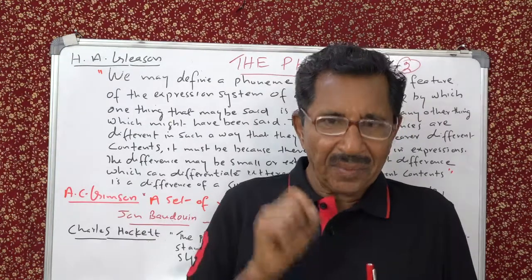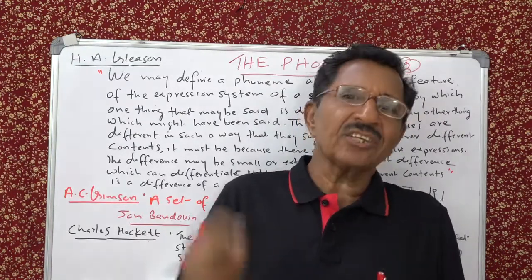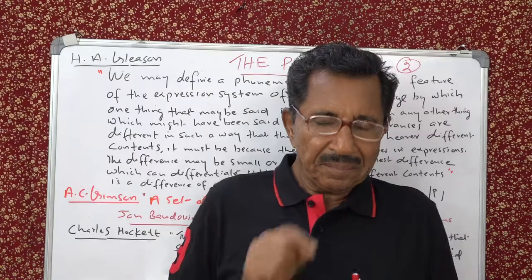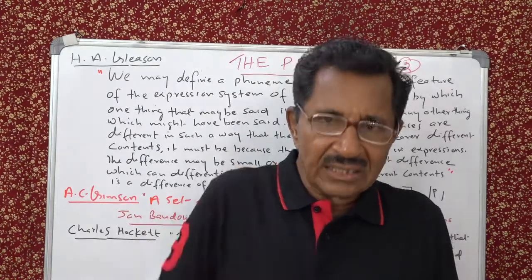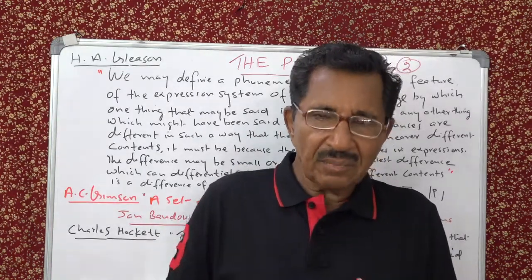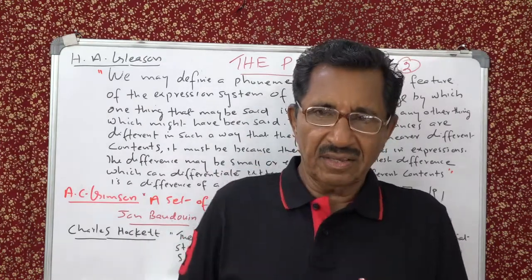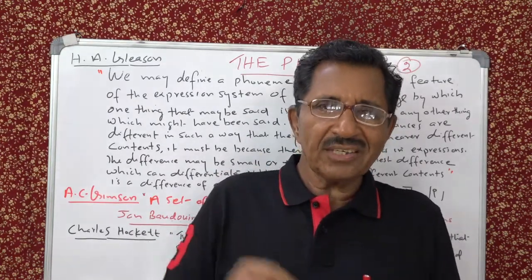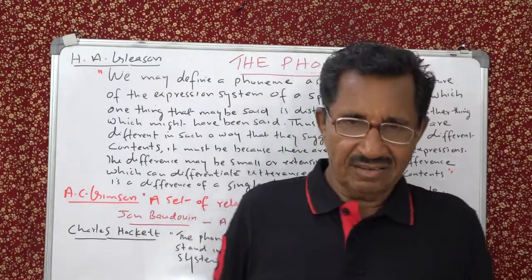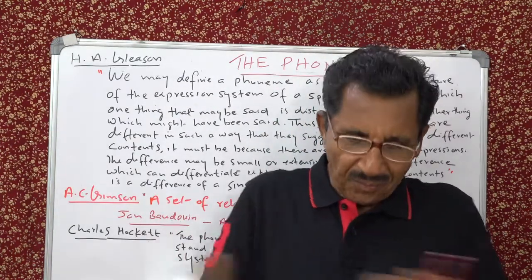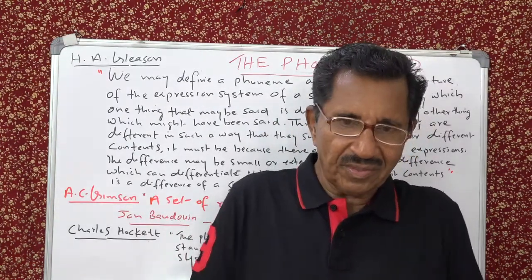Or we can say P is P because it is not T. T is T because it is not Sh. Sh is Sh because it is not Z. That's the relationship of opposition.